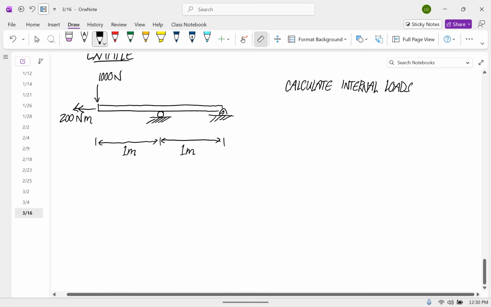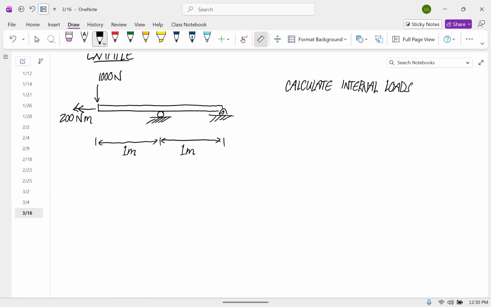So we know that that 1 point force in the middle is going to give us one additional cut that we need to do. So we're going to have to do 2 cuts on this. Let's start by calculating the external loads. And I'm going to assume, now this is something I would have to give you more details about, what this roller joint is, but I'm going to assume that this doesn't provide any torque.